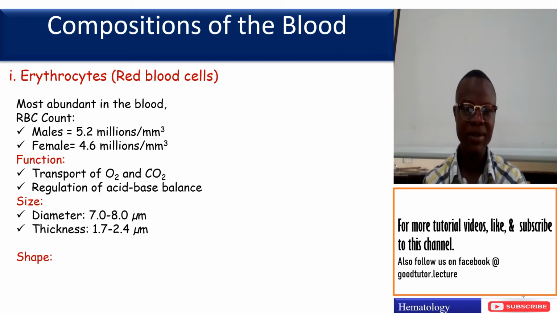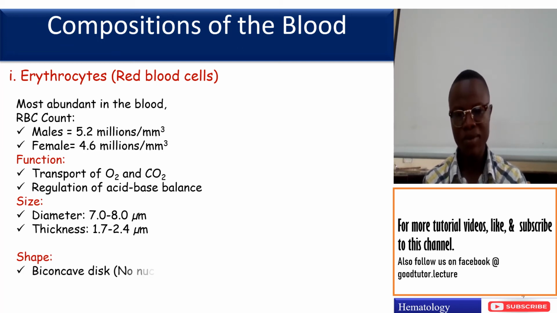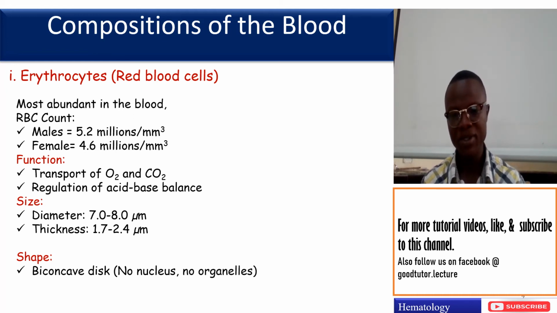Let's get another thing about the shape. The red blood cell is biconcave, meaning there is a depression on both sides of the cell, and it lacks a nucleus and organelles.